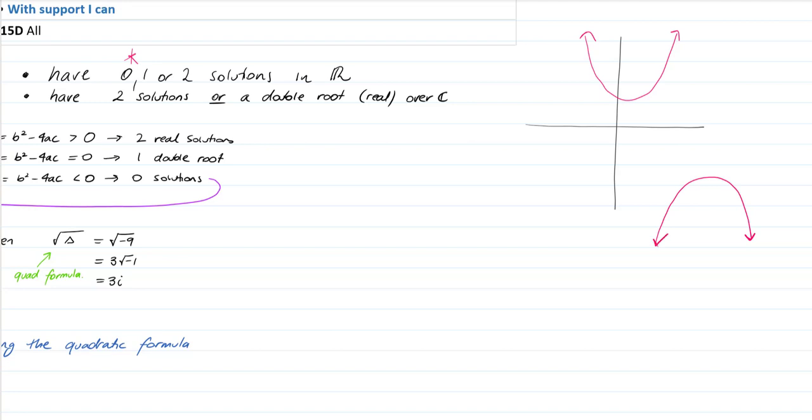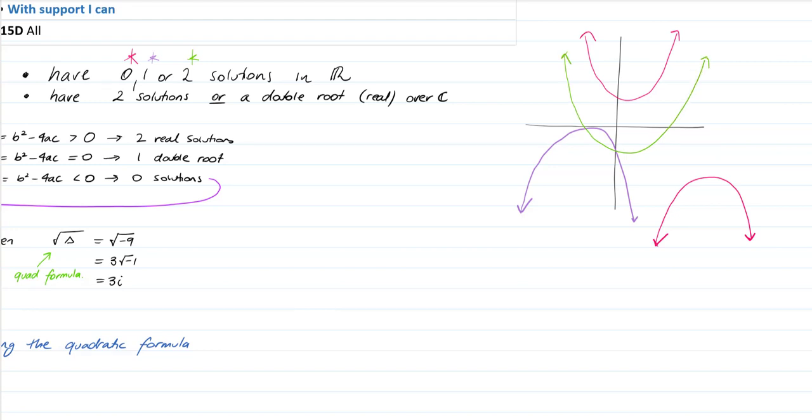And this time in purple, a 1 solution quadratic will go up and touch the x-axis, or maybe come down from above and just touch the x-axis, but not go over it. And then our last option is this more standard one in green, a 2 solution quadratic, which crosses the x-axis twice. So that's what we're dealing with.